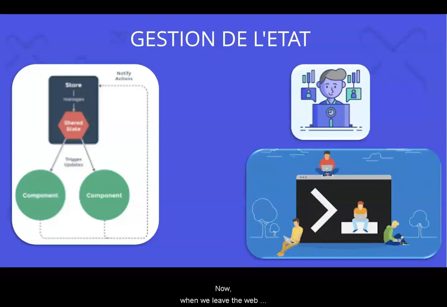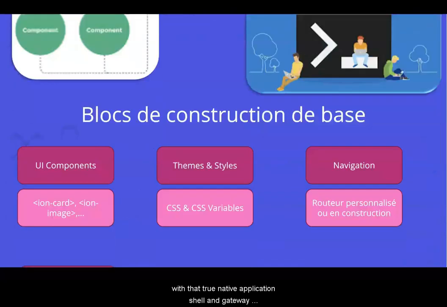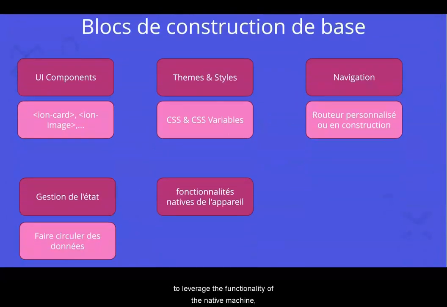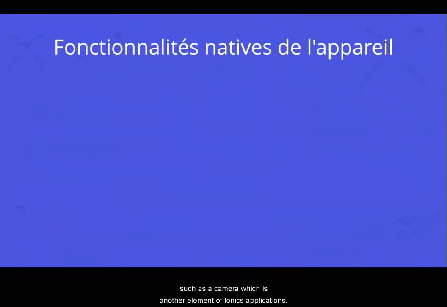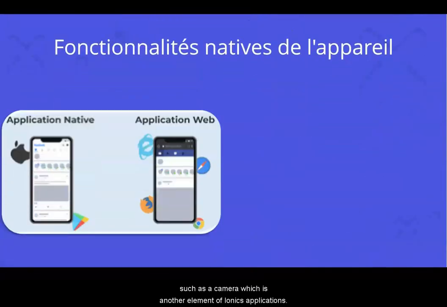Now, when we leave the web application world and we plan to publish our IONIC application as a true native application via the application stores, it will then be integrated with that web view, with that true native application shell, and give us a way to leverage the functionality of the native machine, such as a camera, which is another element of IONIC applications.